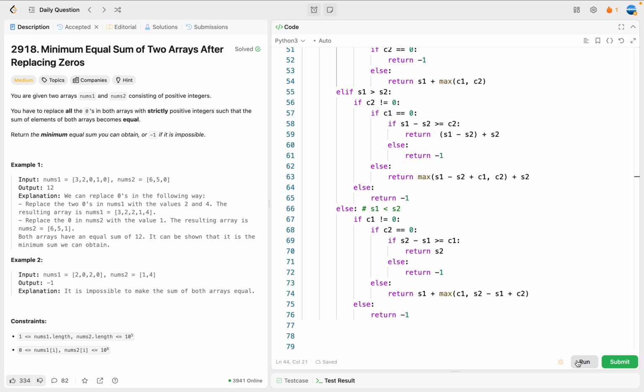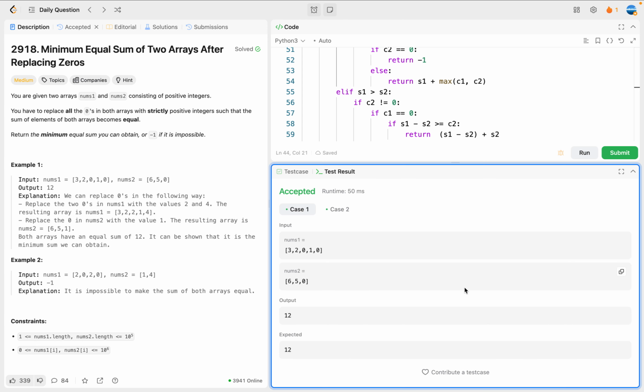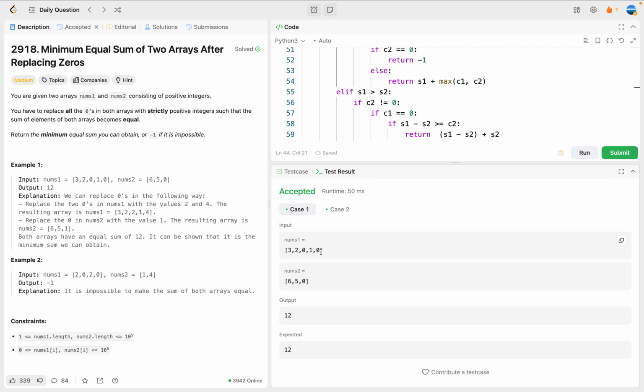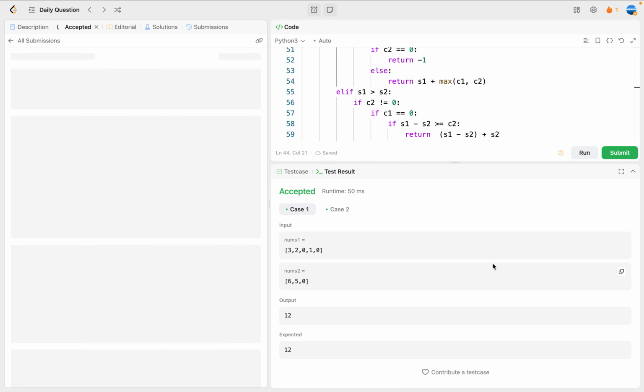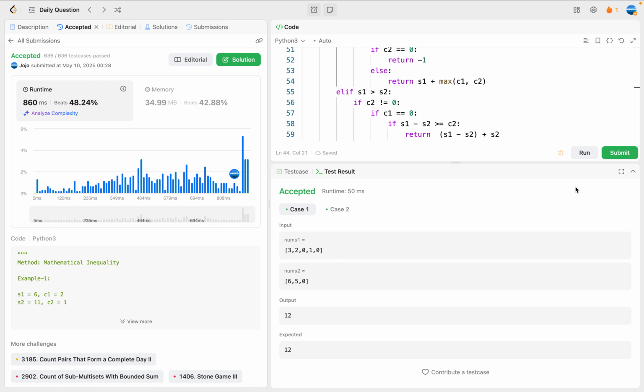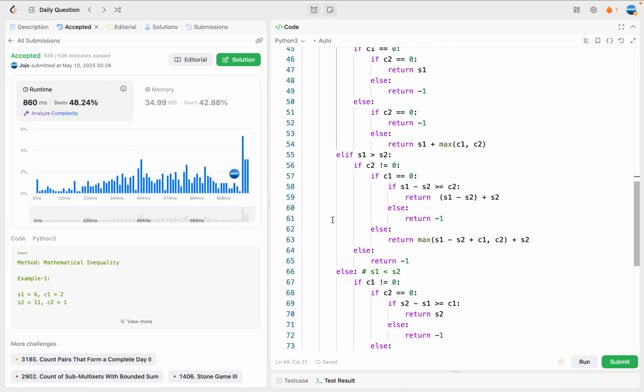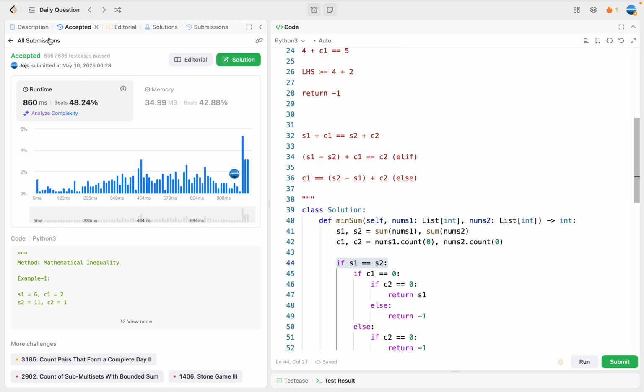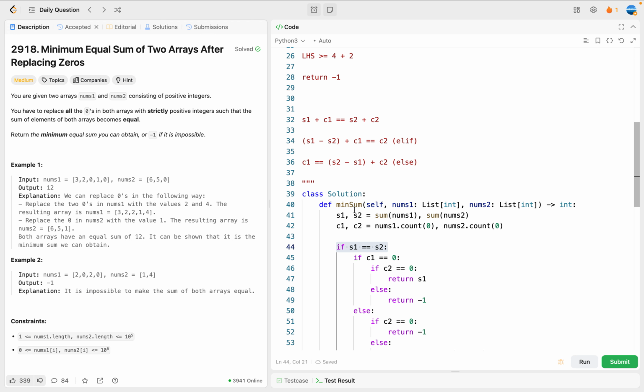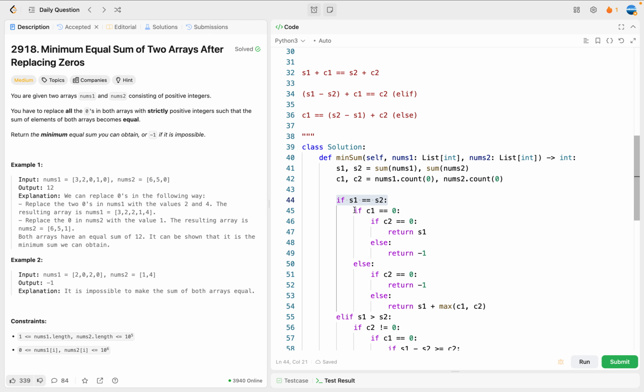Let me first run it. Yeah, it passes the 2 test cases. So now let's look at the generic case. Yeah, it passes all the cases. So I guess that's basically about it for this problem. We can maybe do a time complexity analysis.